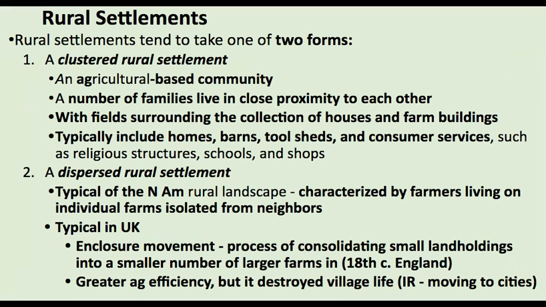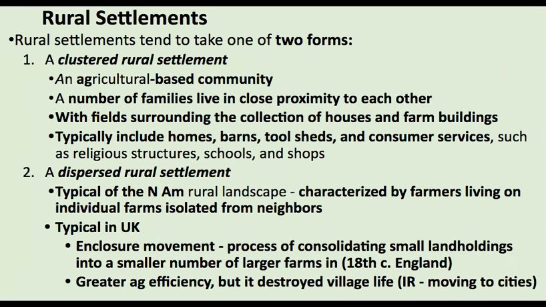Then there's a different type of rural settlement, which is called dispersed. Basically, a dispersed settlement is just the opposite of a clustered settlement. These are more of the unincorporated kind of spaces that you've encountered around and throughout Wisconsin, I'm sure.